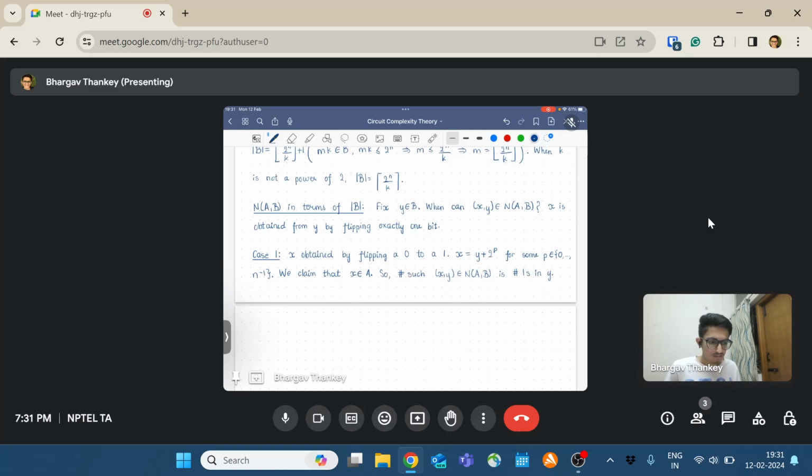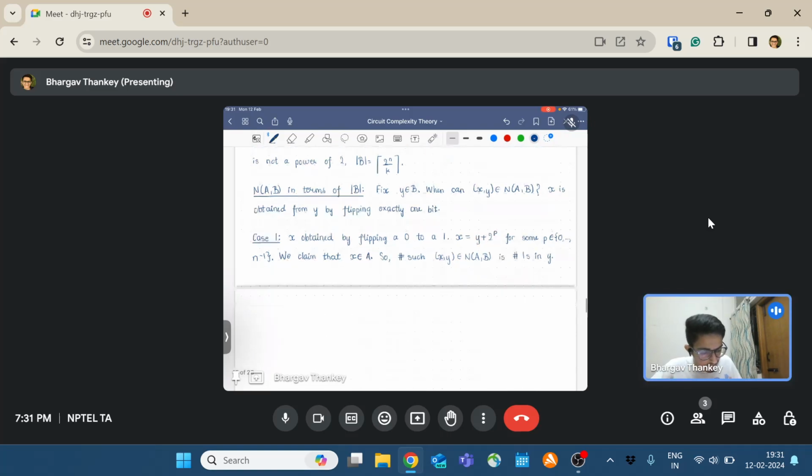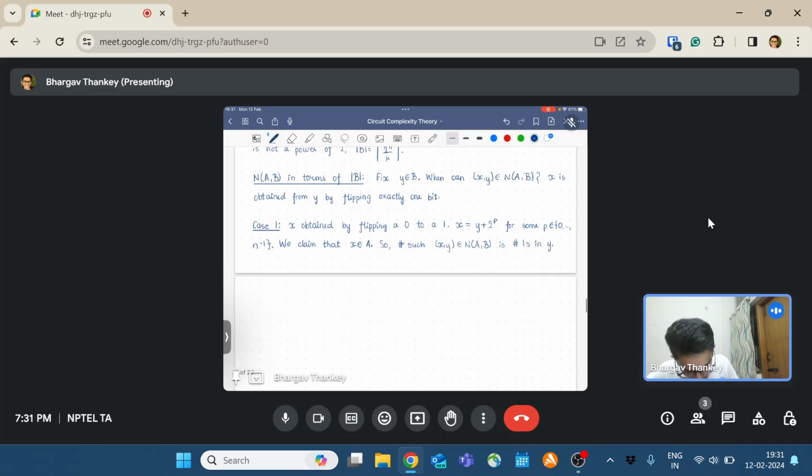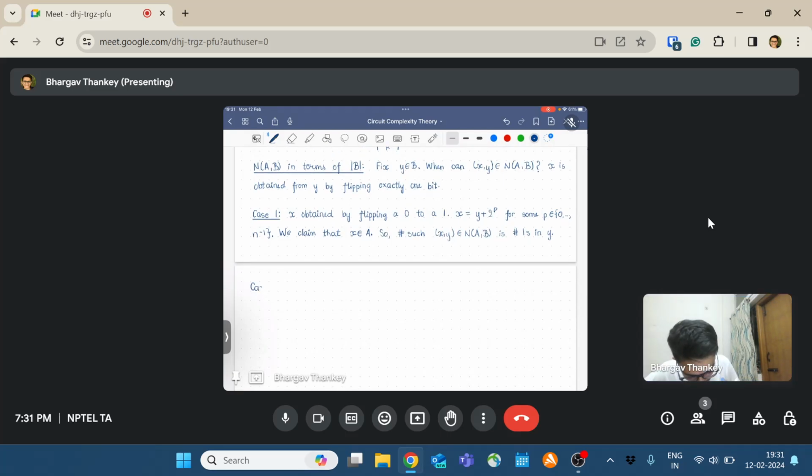Because it's a power of p. So the number of such x comma y is the number of ones in y, right? Okay, and case 2 would be the same argument if I'm flipping a 1 to a 0.